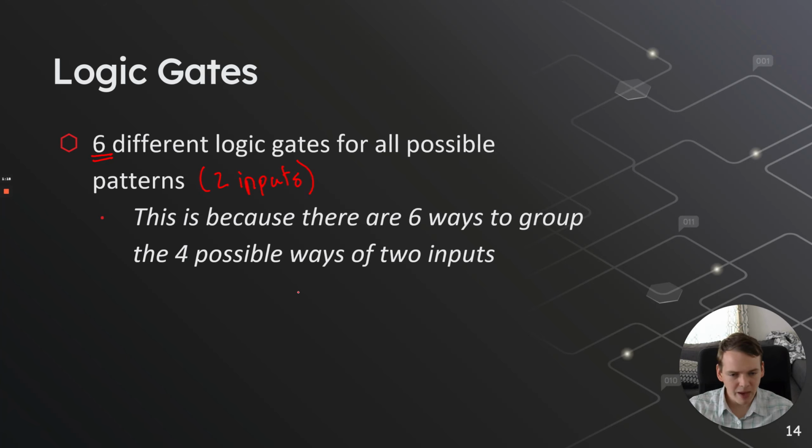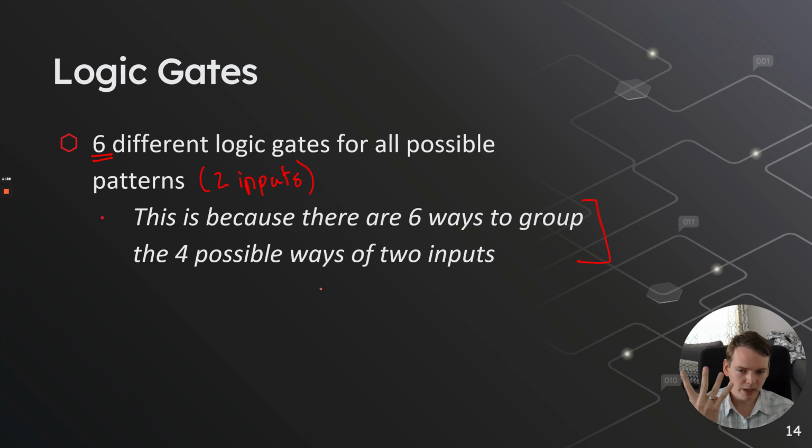And if you care about the math, or you want to know this extra bit, you don't need to worry about it, but here's the reason why. If there are 2 inputs, there are 4 combinations of inputs: both zeros, the first one 0 and the second one 1, the second one 0 and the first one 1, and both of them 1s.